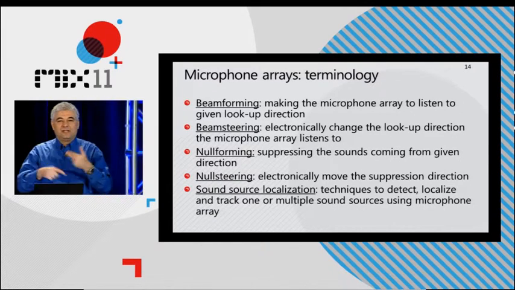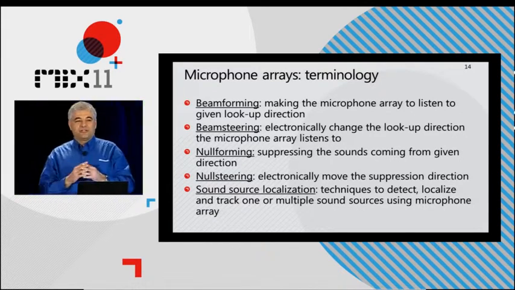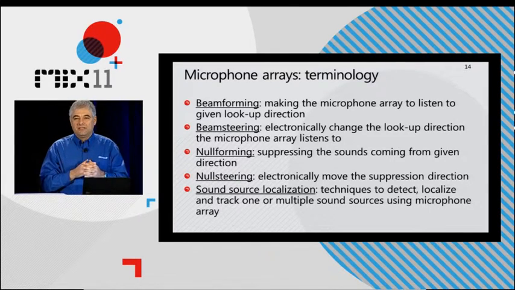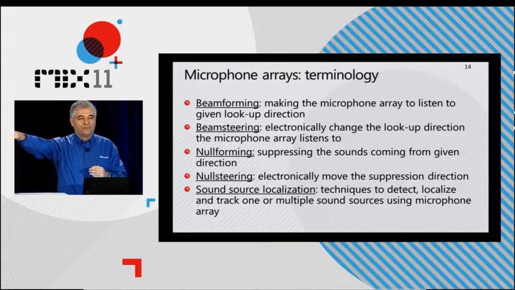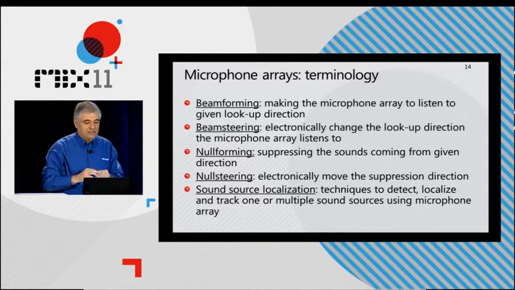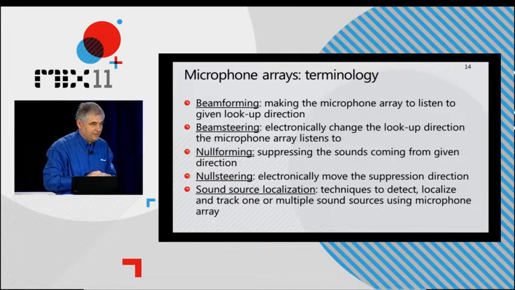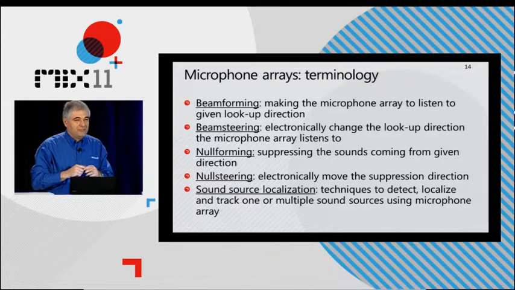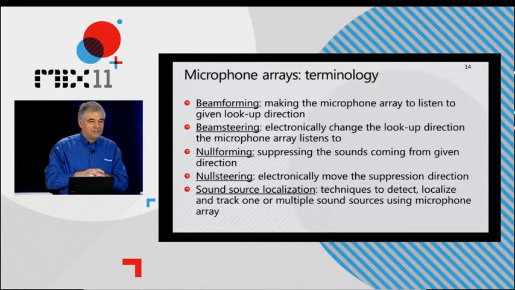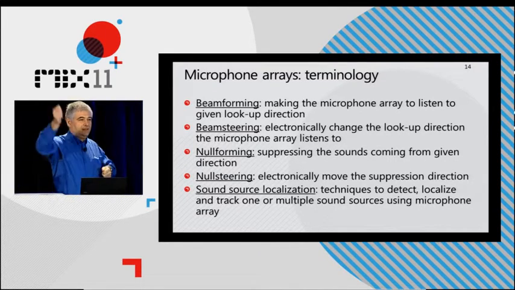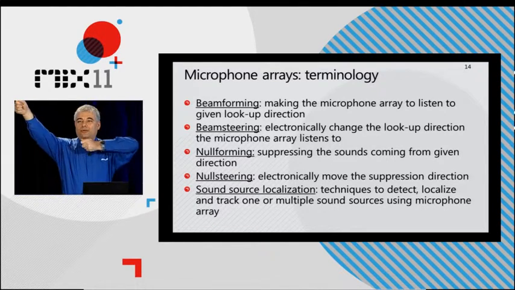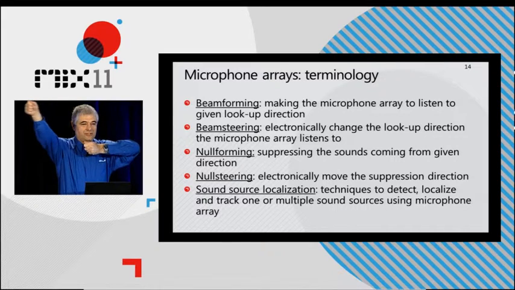And because everything happens using digital signal processing, if we change the way we mix those four signals, we can make this beam move. So this is called beam steering. And this is exactly what happens in Kinect. If you have seen when people shoot movies, there is a sound operator, a person who usually holds a long stick, this long microphone, and points towards the artist who is talking.